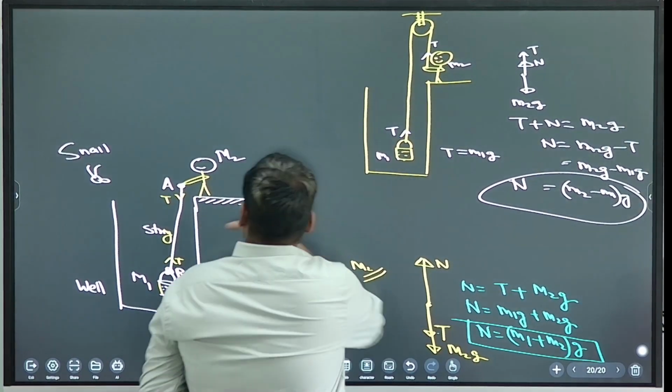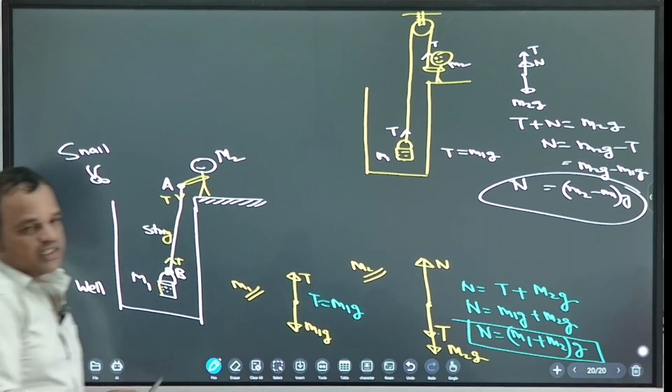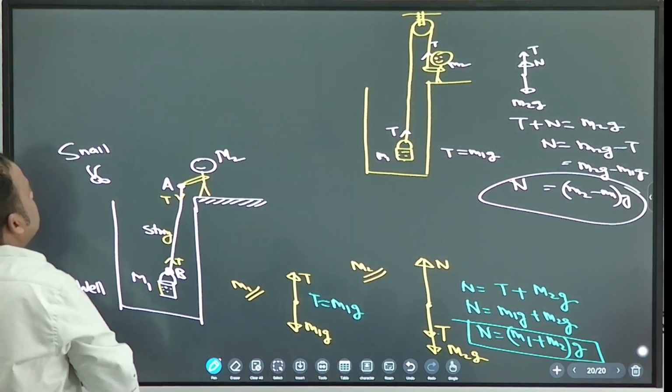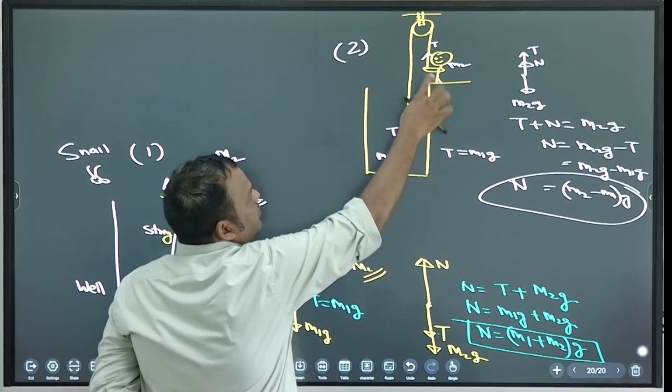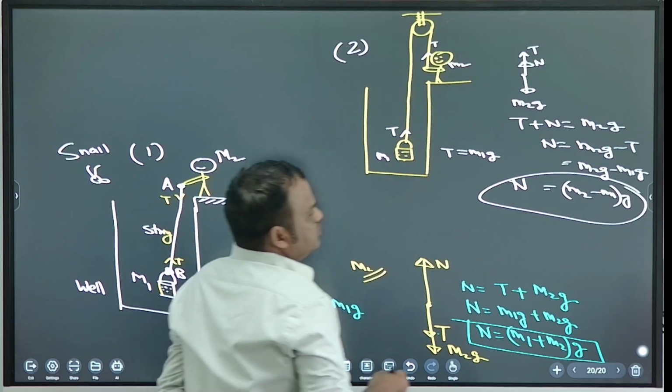And in the previous case, what is the normal force? m1 plus m2. In which case is normal less? Case 1 or case 2? Case 2 normal is less. So will the person feel more tired or less tired? Less tired.